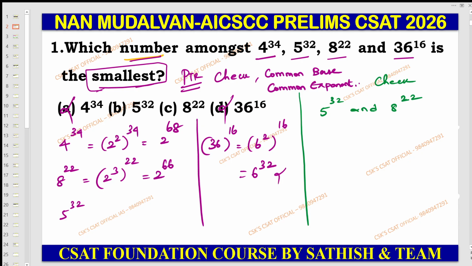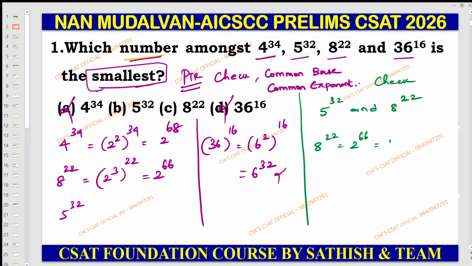You can't do anything with 5 power 32, so at least we have to check whether 8 power 22 can be converted to a base lesser than 5 or not; that alone you focus on. Let me focus on this. Yes, 8 power 22 can be converted, to 2 power 66.